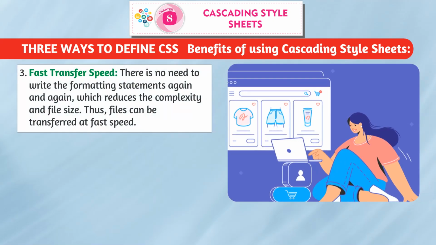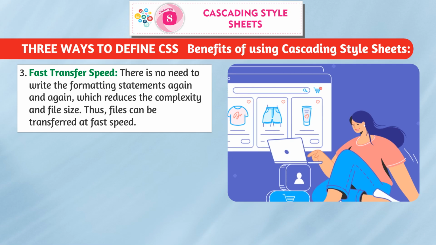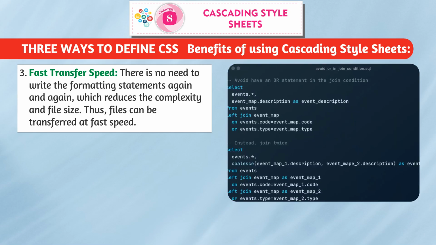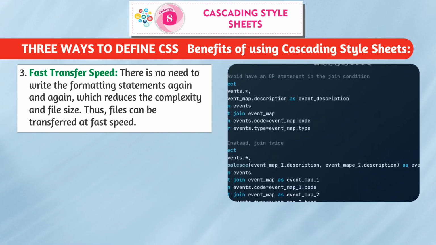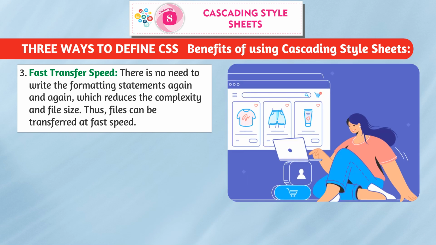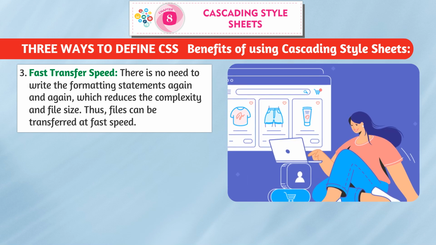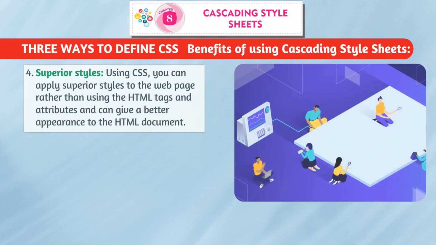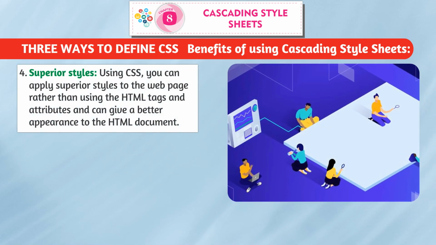3. Fast transfer speed. There is no need to write the formatting statements again and again, which reduces the complexity and file size. Thus, files can be transferred at fast speed. 4. Superior styles.